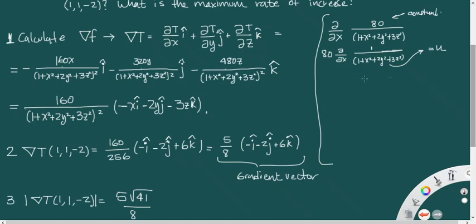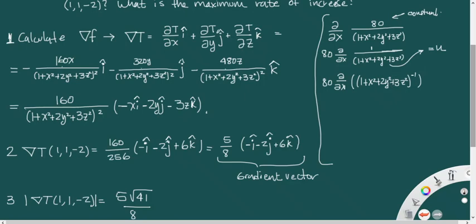Okay, so now the derivative of this is going to be equal to, let's say, 80. Let me rewrite that, times the partial derivative with respect to x. Let me write this as 1 plus x squared plus 2 times y squared plus 3 times z squared to the minus 1.